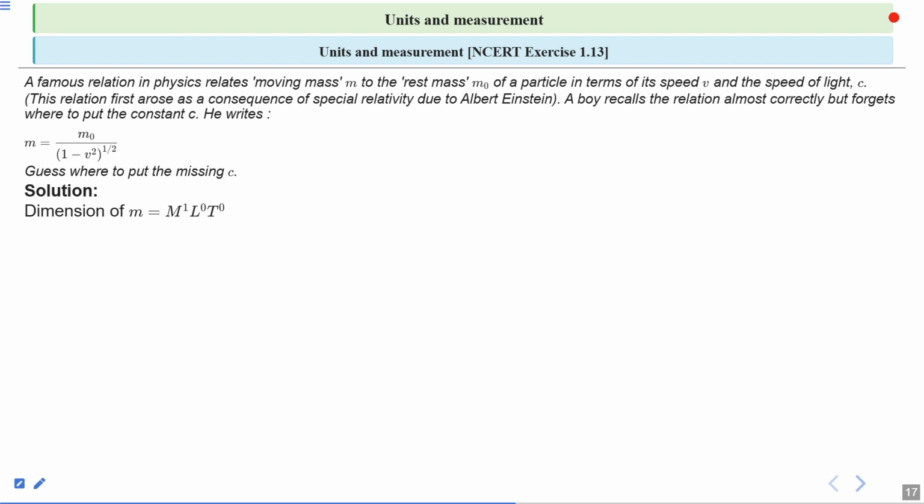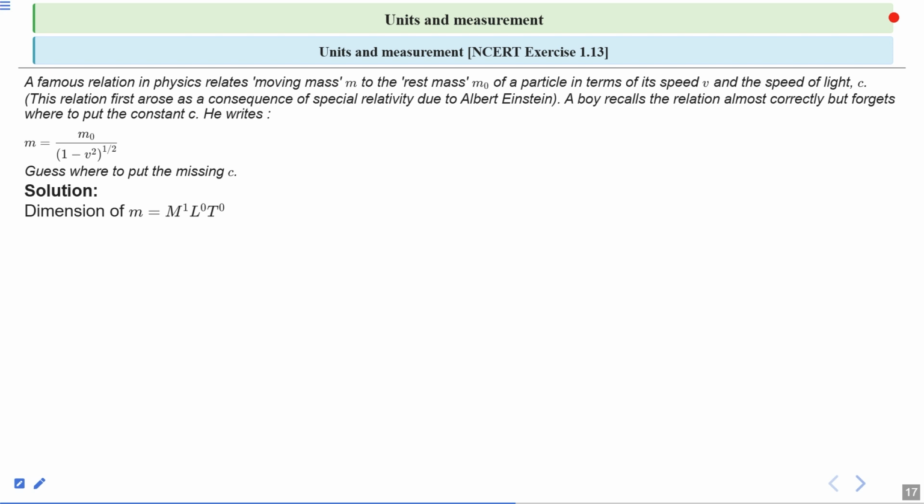Then again, let's examine the denominator. So 1 minus v square by something. 1 has no dimension, so the second term should also be dimensionless.